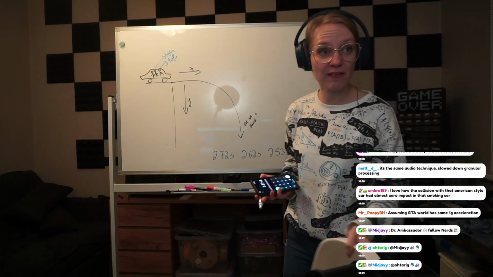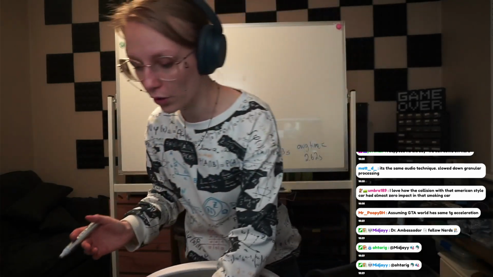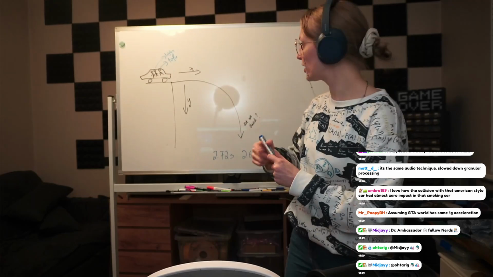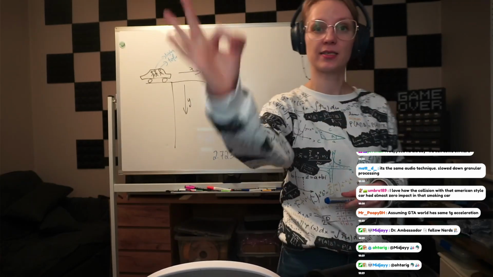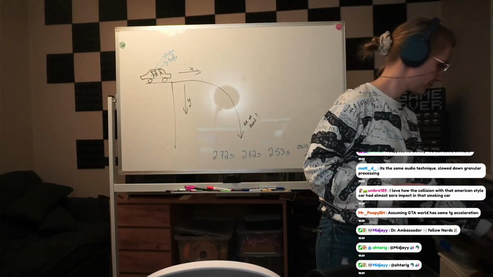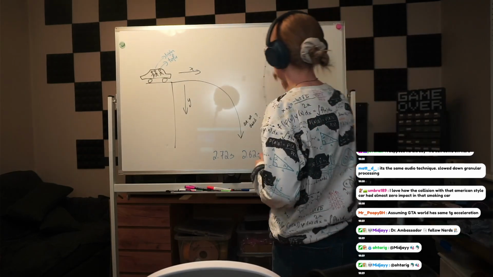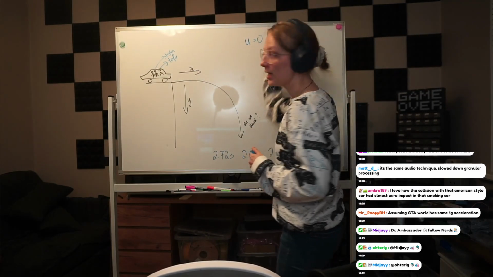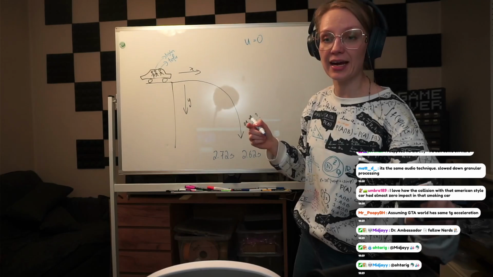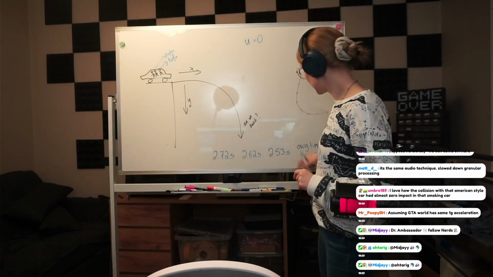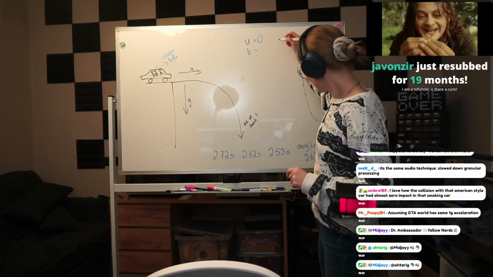Okay, so we actually have a lot of pieces of information. Number one, in the y trajectory, our initial speed is a big fat 0. u is equal to 0. The time that we spent in the air, we just calculated, is precious.